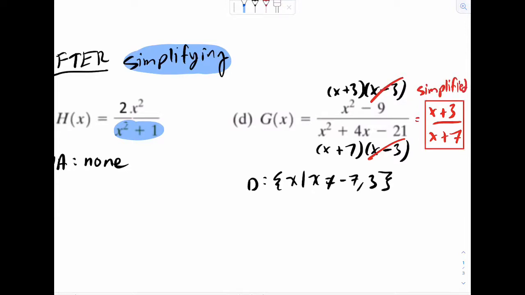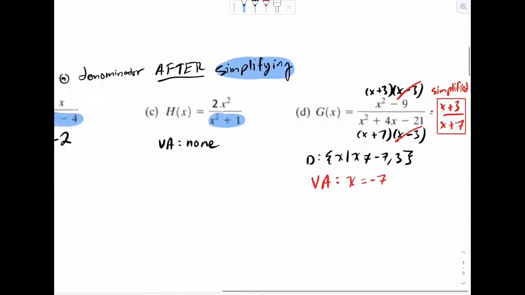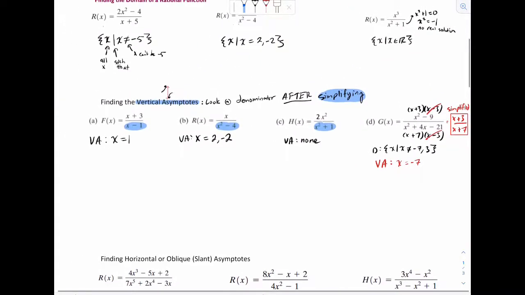And you look at this thing to figure out your vertical asymptote. So look at the bottom here, and that would be x equals -7. Okay, so that's it for vertical asymptote. Notice how it's very similar to domain, except you just have to simplify first.